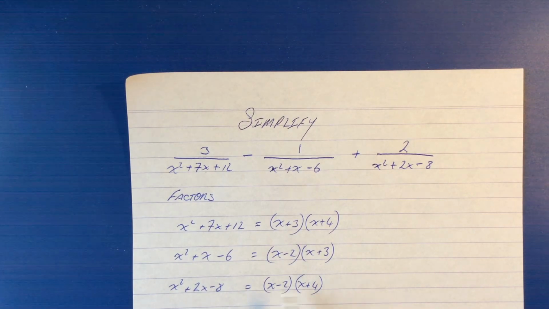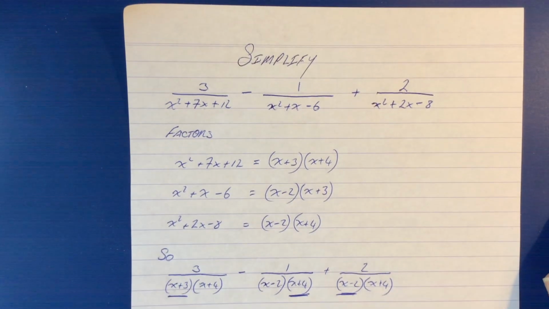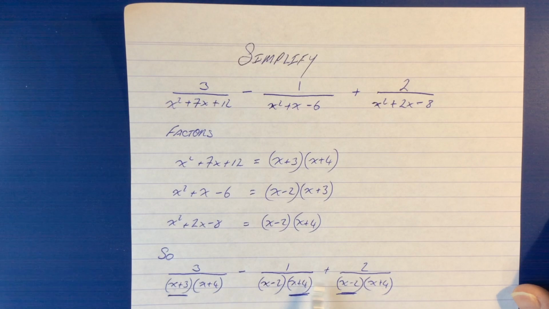If you don't understand what's going on here, it's probably best to have a look at a video either on this channel or another about how to factorize quadratics. Anyhow, with that done, we wind up with our expressions written like this, denominators into factors.